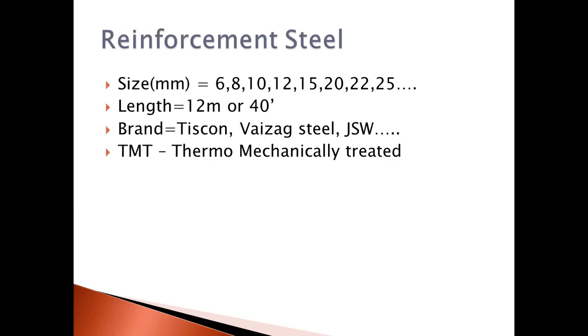The length is standard, 12 meters, or we can also call it 40 feet. For brands, we have Tiscon, which is of Tata Group, and we have Isaac Steel, JSW, and many more. The process by which it is manufactured is known as TMT, that is thermomechanically treated.